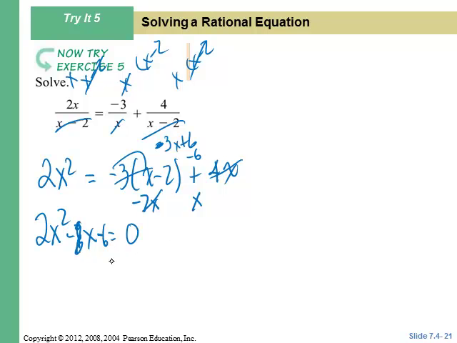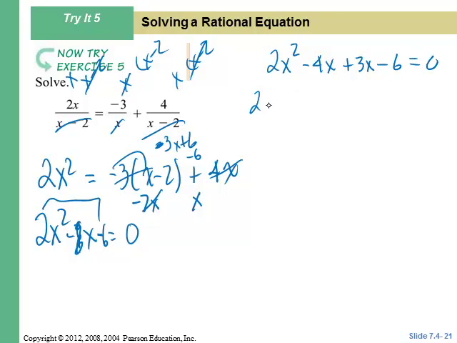Subtract 6 from each side equals 0. What two numbers multiplied equal negative 12 and are 1 apart? It would be 2x squared minus 4x plus 3x minus 6 equals 0.